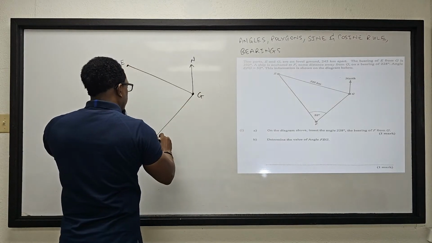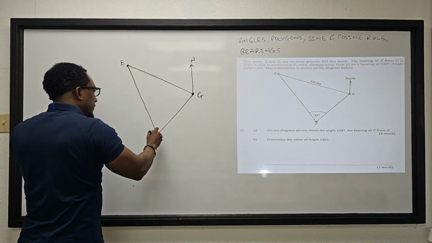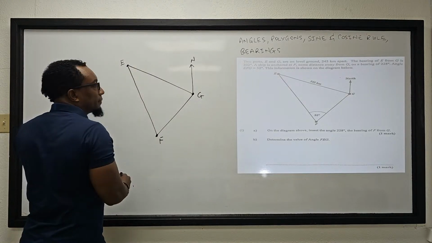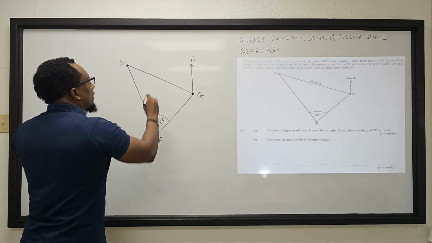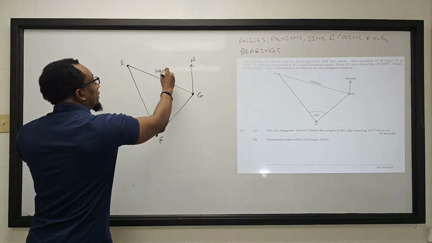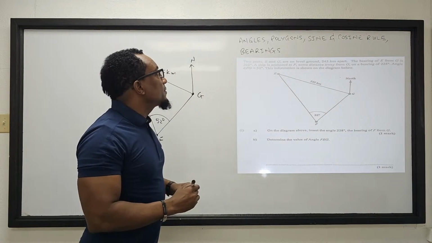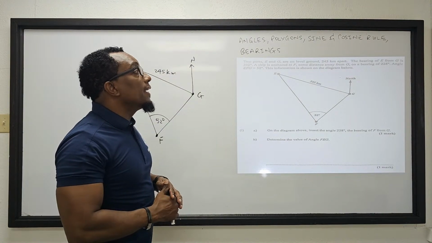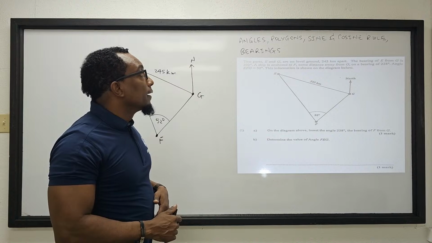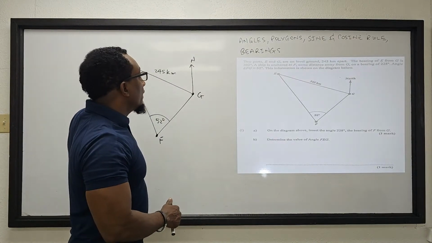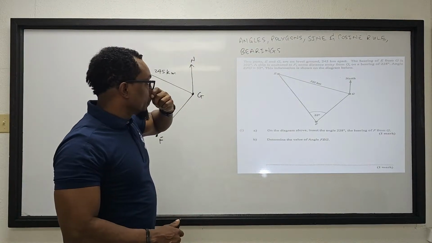This is F, and this is E. This is 52 degrees. This is 245 kilometers. Good? So it says here two ports E and G on level ground, 245 kilometers apart.